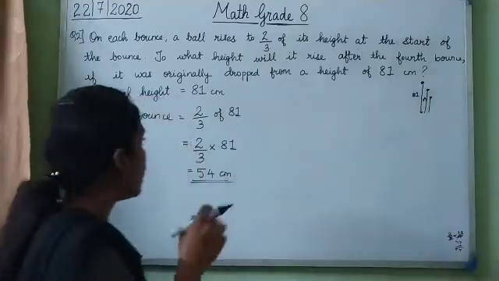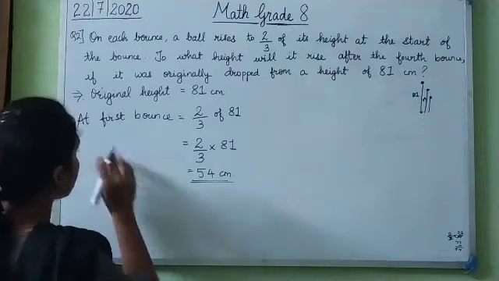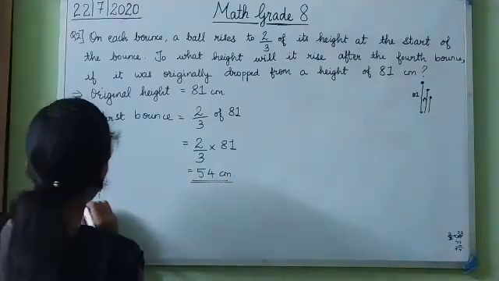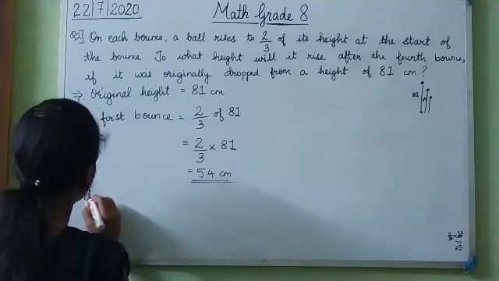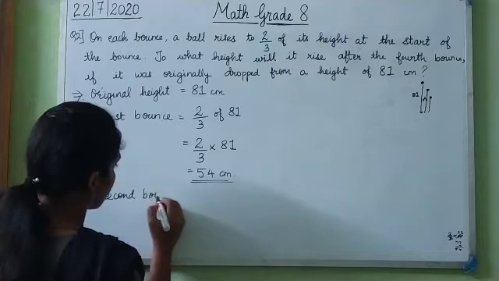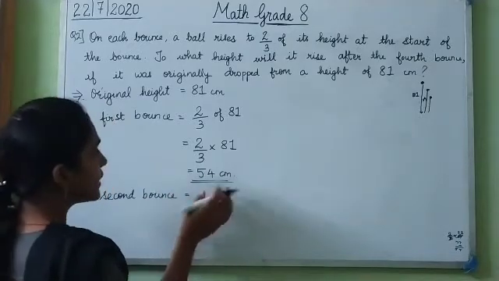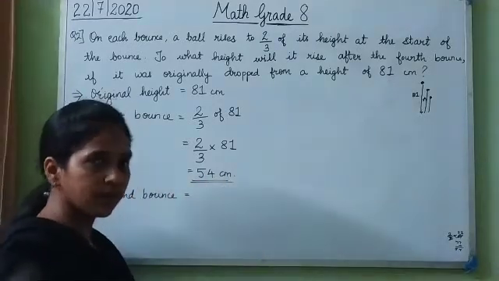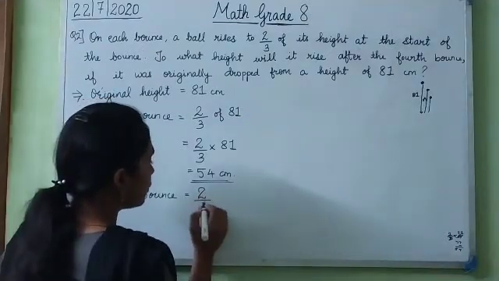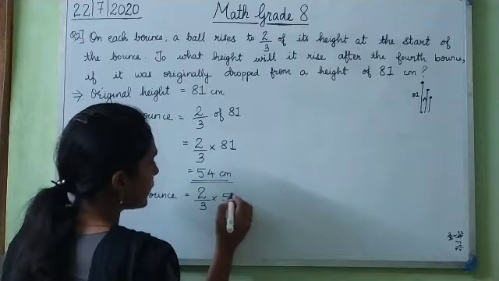So what will be that height now? This is the height which we have got after the first bounce. Now at the second bounce, this will be the height from which it is falling, right? So after bouncing, it will come to a height of 2/3 of 54.